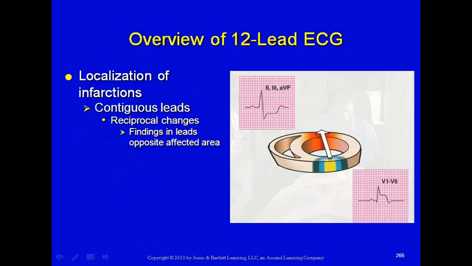If I had elevated ST segments in 2, 3, and AVF, I would expect to see some ST segment depression in the V leads. And while not all MIs have reciprocal changes, when you do see them, it's a good indicator that what you in fact are looking at is an MI.